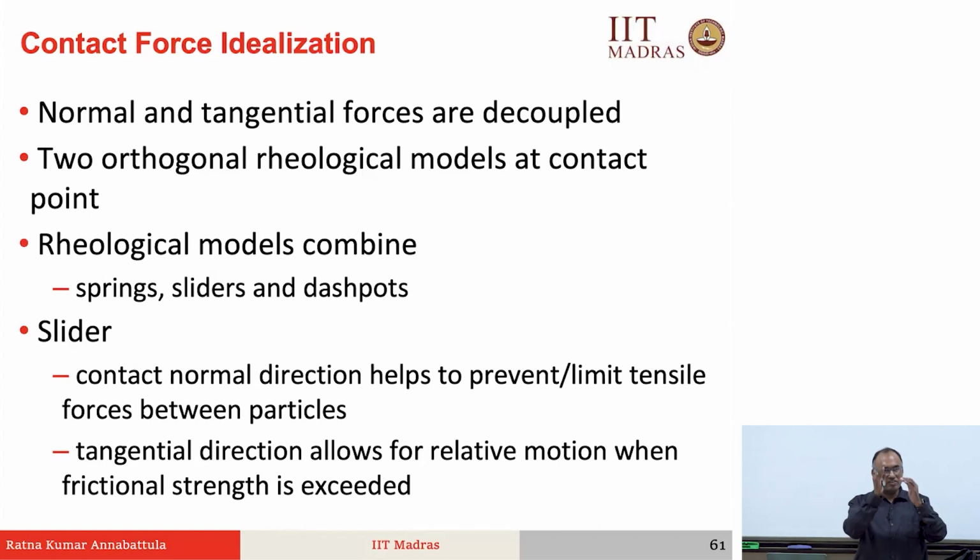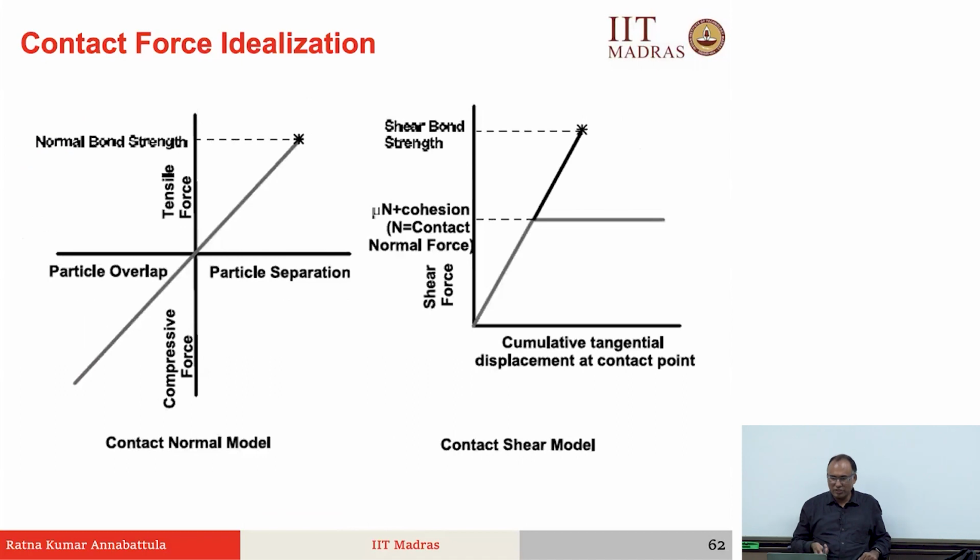So the tangential force depends on the normal force, but if you are only talking about the rheological model, that means only the springs, the normal spring and the tangential spring are independent. The tangential spring cannot have continuously increasing force, because it will be capped at mu times Fn. Until then, it will be changing. Okay?